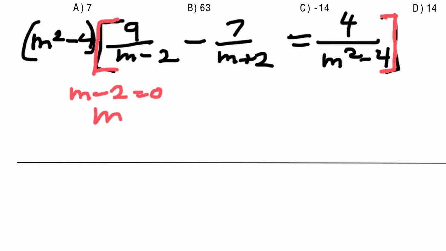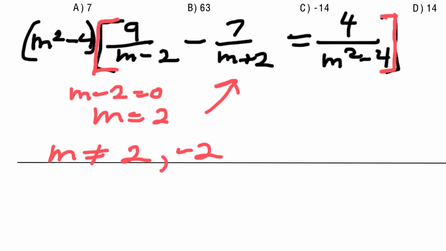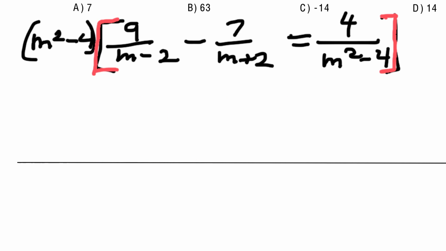That means m equals 2, so m can't equal 2. It can't equal negative 2 either. And then over here, either of those squared, so if m is 2 or negative 2, these cover that one too. So m just can't be 2 or negative 2. We just have to keep that in mind while we're multiplying through.